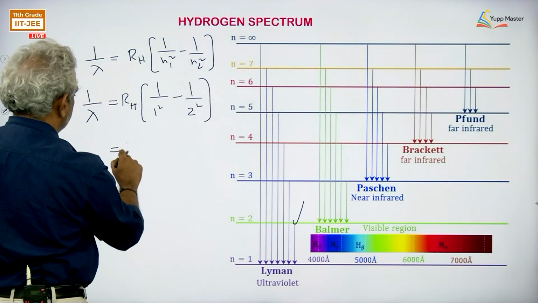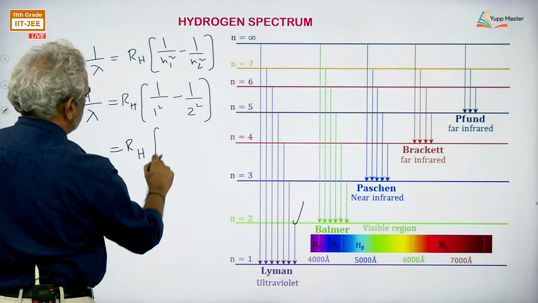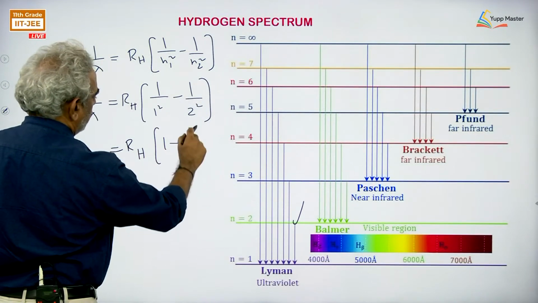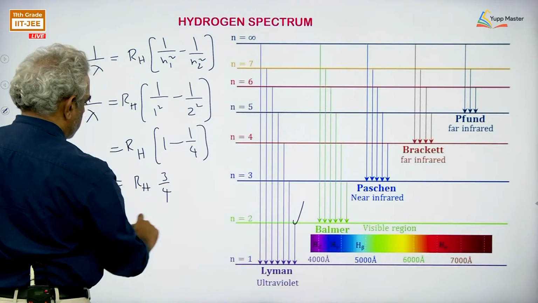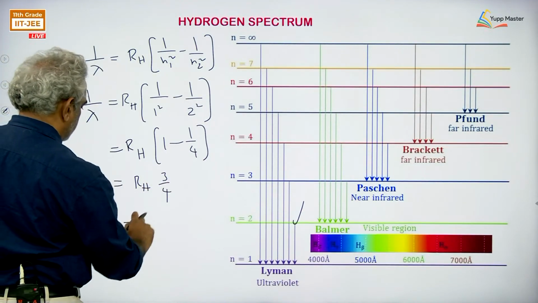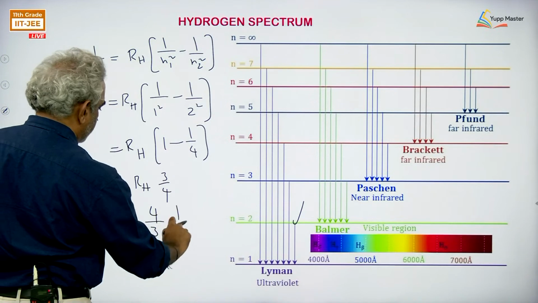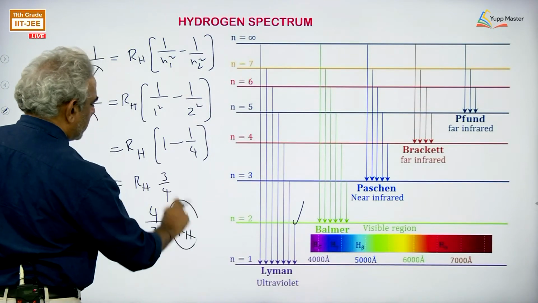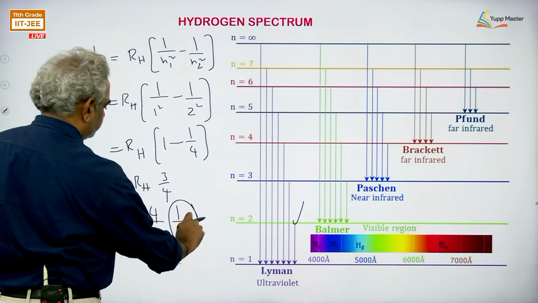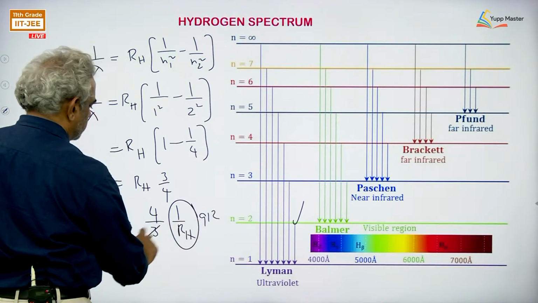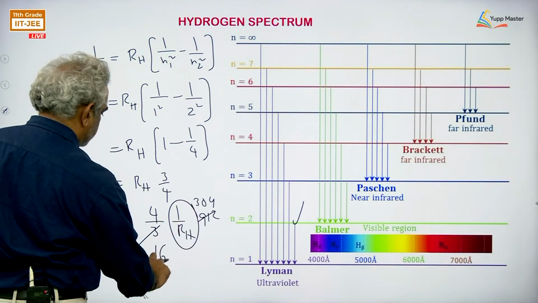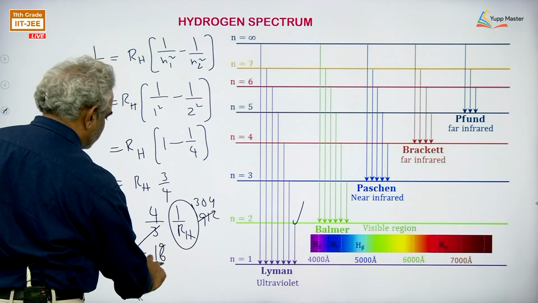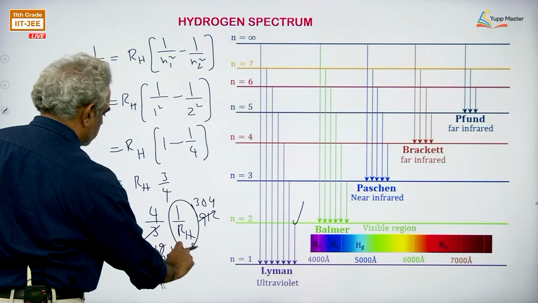So this gives you RH into 1 minus 1 by 4, which is RH into 3 by 4, and lambda is equal to 4 by 3 into 1 by RH, and 1 by RH is 912. So this goes 304 times. You are getting a wavelength of 1216 angstroms.